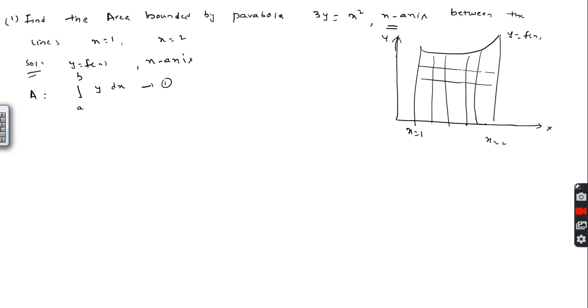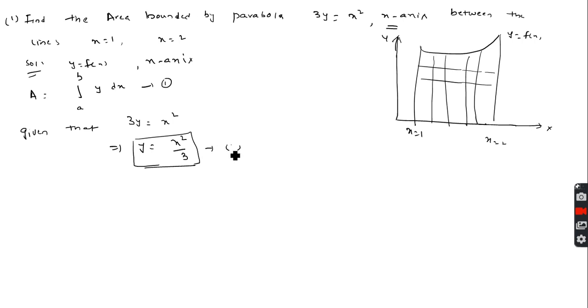Given that 3y is equal to x square, but here we need only y, and here we have 3. So from 3y we get y only, that is x square by 3. Therefore y is equal to x square by 3. Substituting, the area A is equal to the integral, what are the limits?